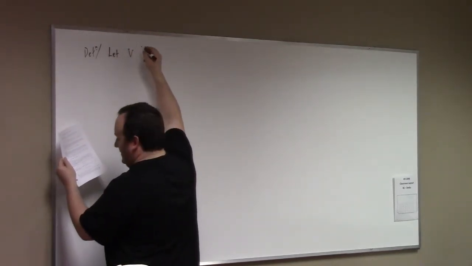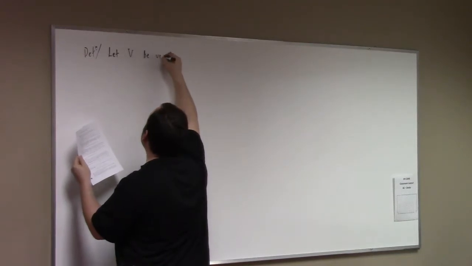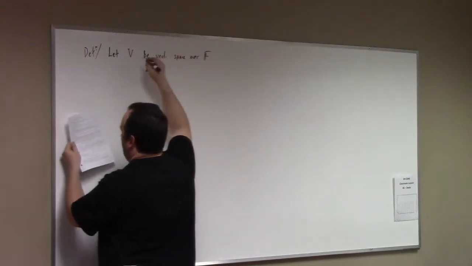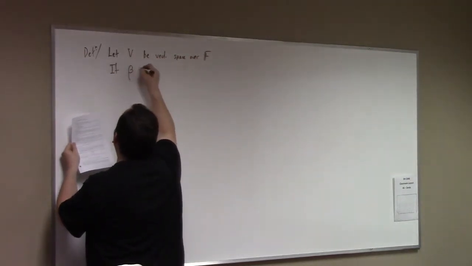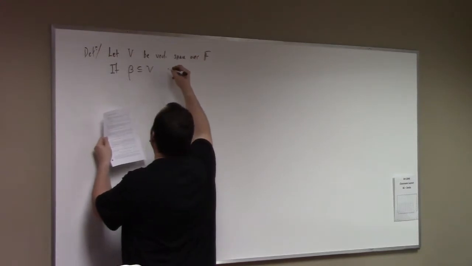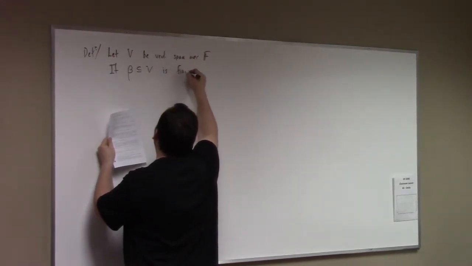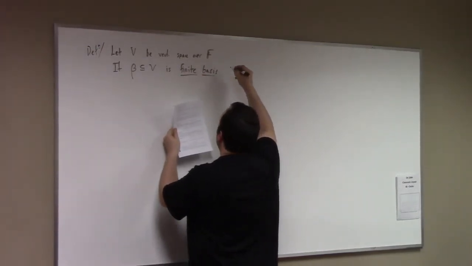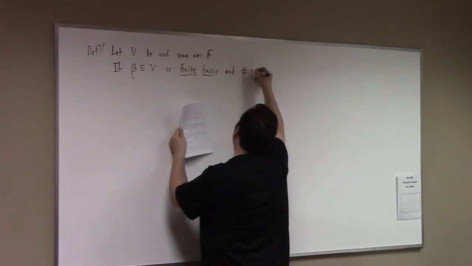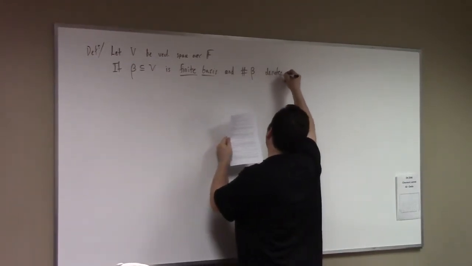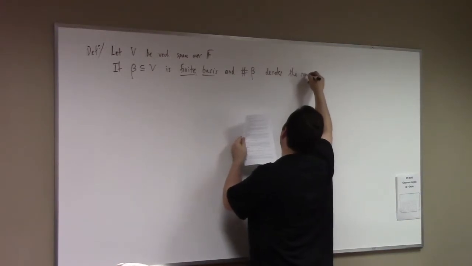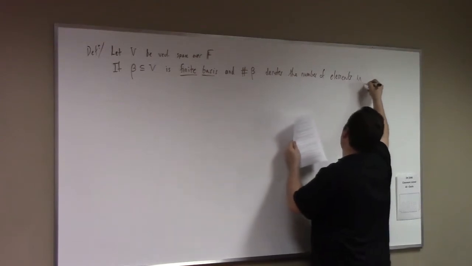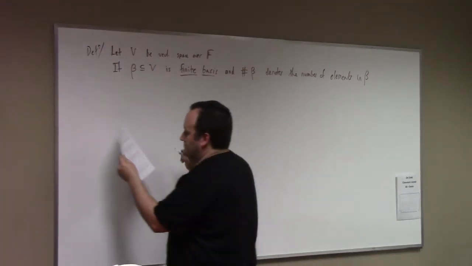I'll shut up. Anyway, let V be a vector space over F, all right? If beta is a subset of V, all right, is finite. What's a finite basis? All right.